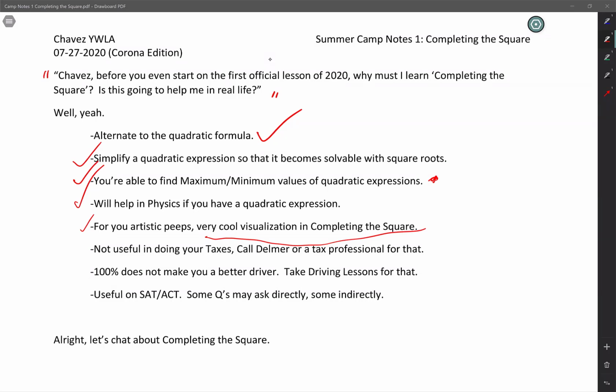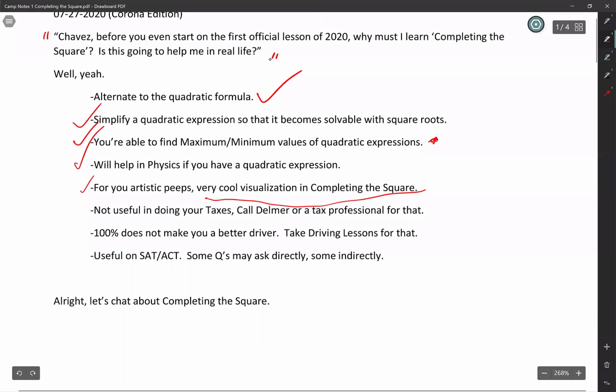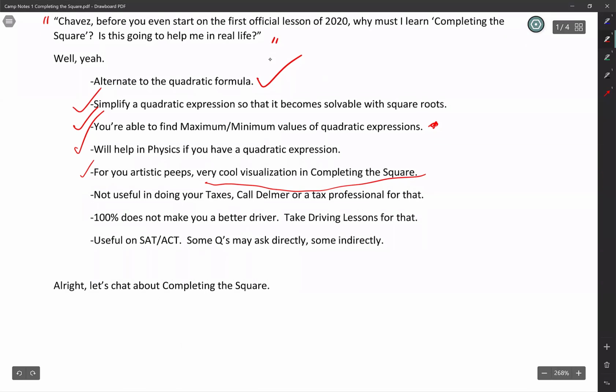Hey, welcome, Viacana. I saw that you're in now, I hope. It does not help you for doing taxes. Sorry, I've been doing taxes for a long time and never have I used completing the square to do my taxes. So maybe call Delmer or a tax professional for that. It will not help you in driving, so you've got to just take driving lessons for that.